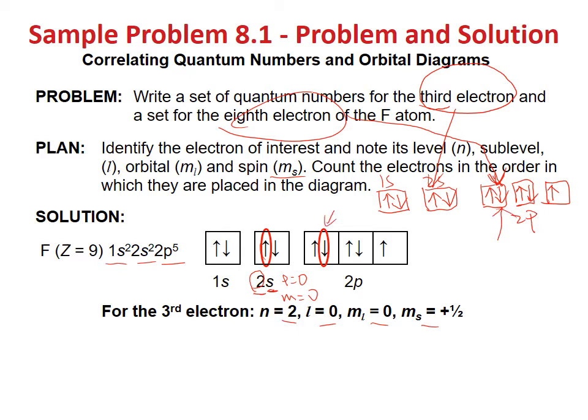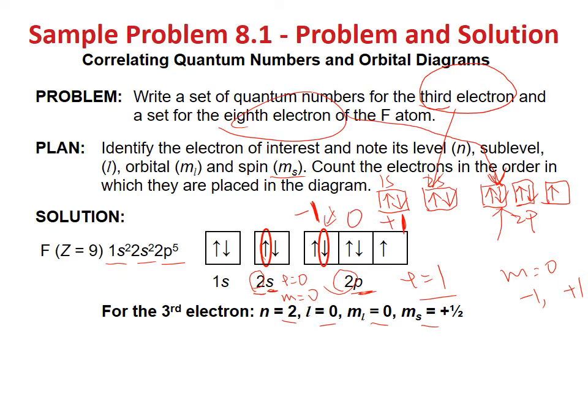Now the eighth one is right here, as shown in this diagram. So this is the eighth one, and the principal quantum number is again 2. So n equals 2, and the p orbital is l equals 1. When l equals 1, m can be 0, -1, or +1. According to our convention, the first one is -1, this is 0, and this is +1.